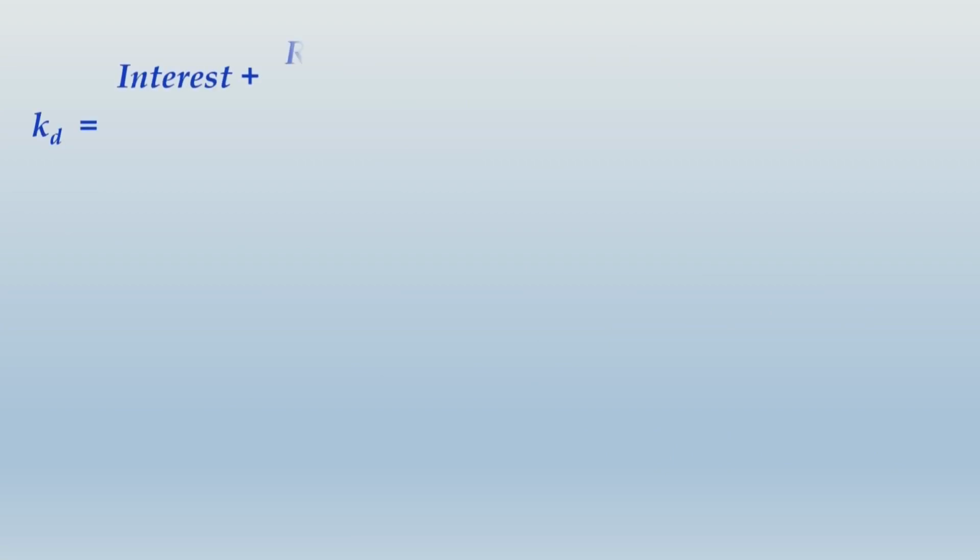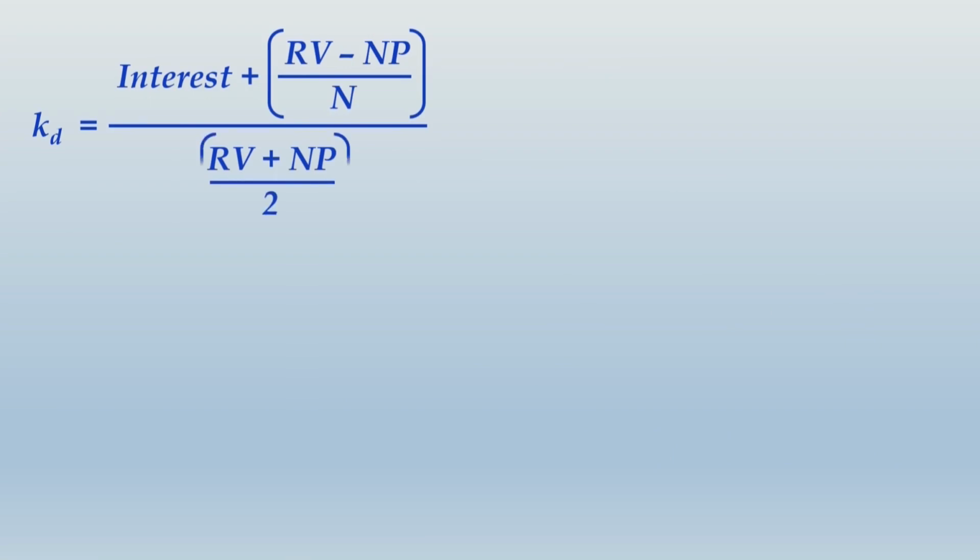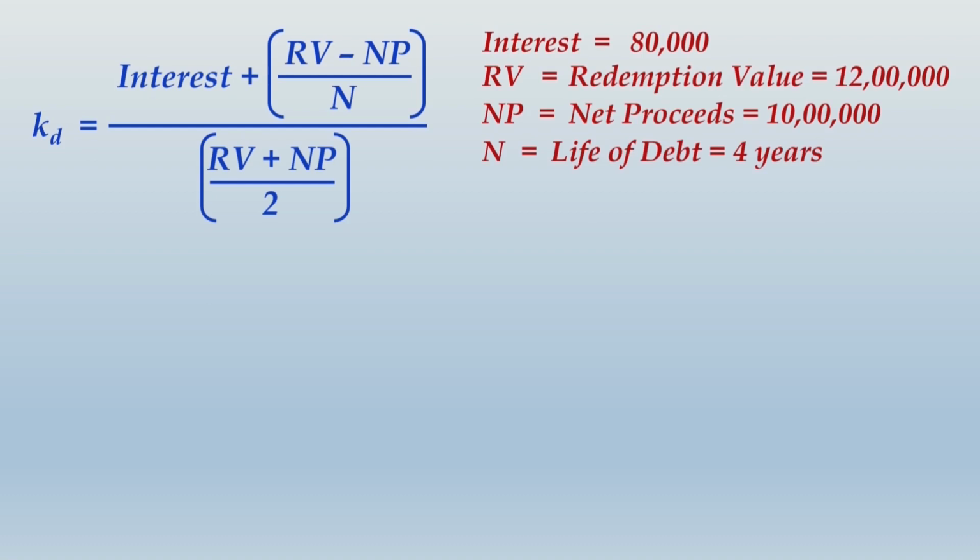We will write up the formula in the same way. Can you notice one change? The interest component I have written in the formula is not adjusted for its post-tax effect. We will first compute the cost of debt without applying the implication of taxes. So we would write the amount of interest, redeemable value, net proceeds and life of debt in the usual manner without any changes.